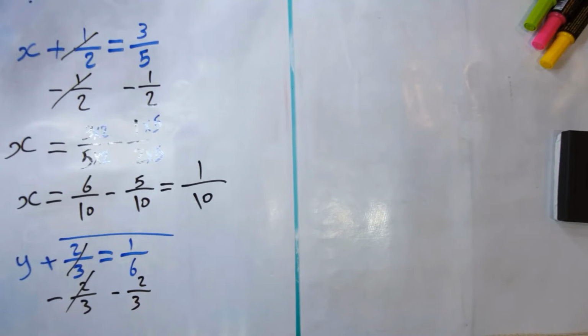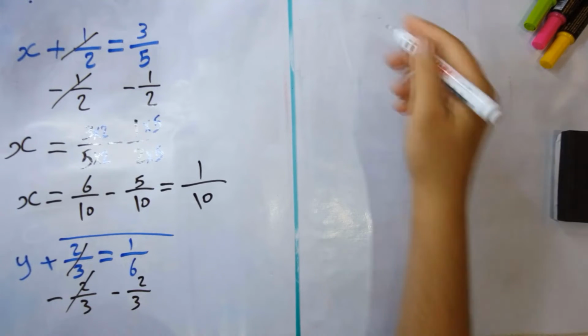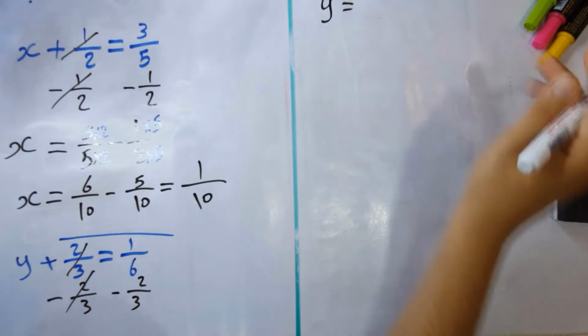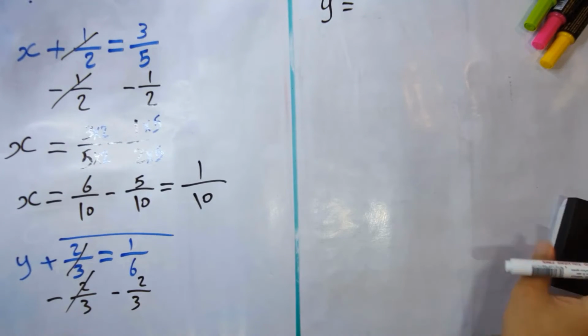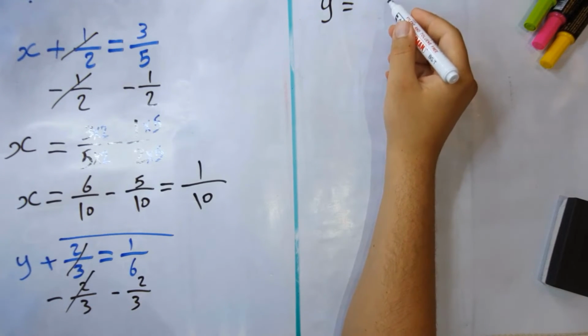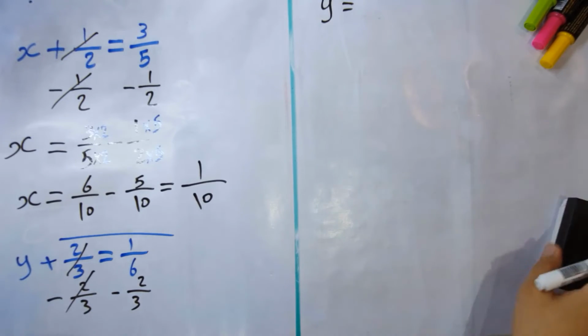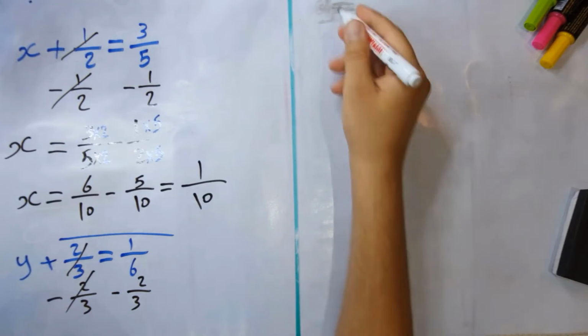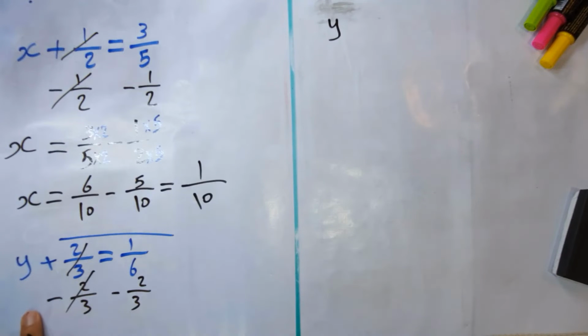Remove 2/3 with 2/3, the positive and the negative, then you should do minus. y equal, on this side we have the remainder y equal, on the other side, 1/6 minus 2/3.